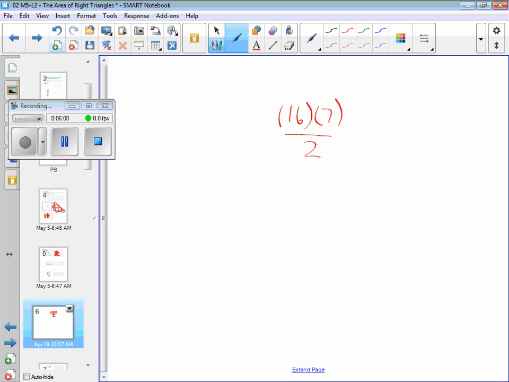Which of those two numbers can you split in half right off the bat? 16. What's half of 16? What's 8 times 7? See how much easier it is to do in your head? You can't do 16 times 7 quickly in your head, but you can do 8 times 7 in your head.